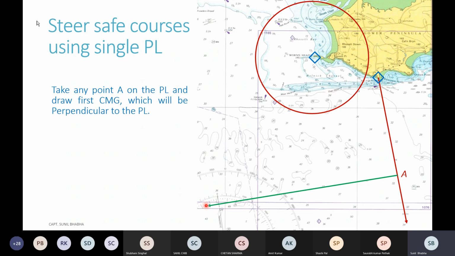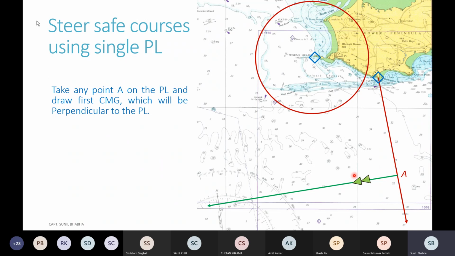You can see in this green color, I have plotted the initial course made good, the first course made good, and the direction of this course made good is perpendicular to the initial position line. Why have we taken a perpendicular? As we complete the plot, you will understand the reason why a perpendicular course made good has been drawn here.